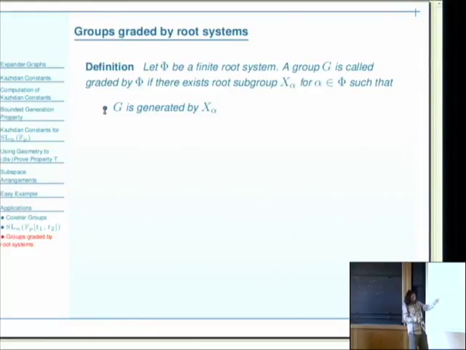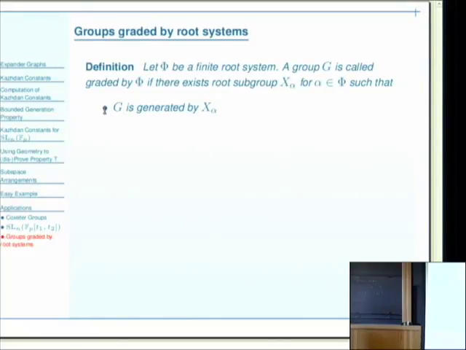And for each root, let's do it for SL3. For SL3, the root system is this one, A2. And at each root, I associate some kind of group of elementary matrices. So here I think I put, say, x1,2, and the opposite is x2,1.